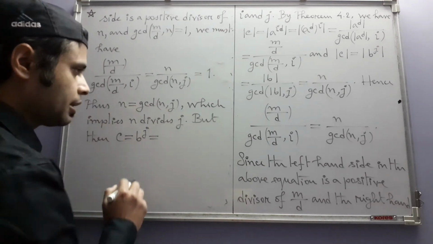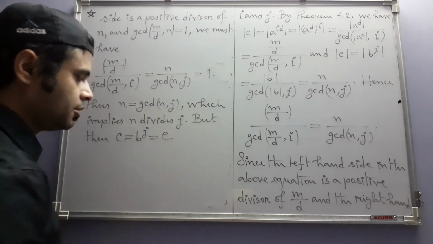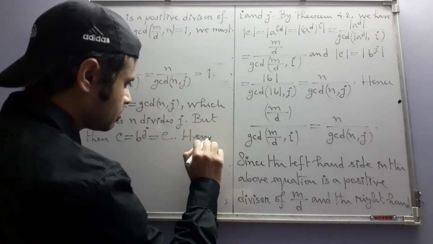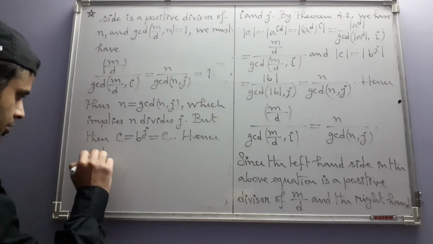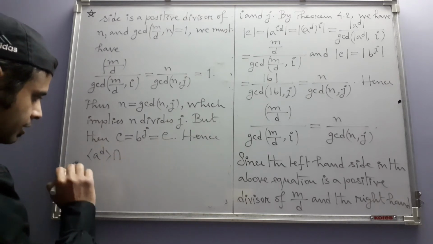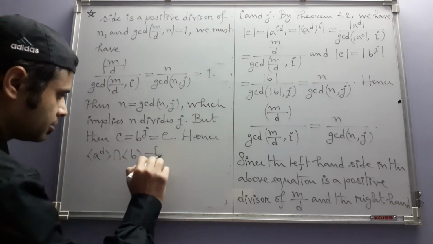So using the fact that n is the order of b and using the rules of exponent, this will be equal to e. Hence the cyclic groups generated by a to the power d and b intersect trivially.